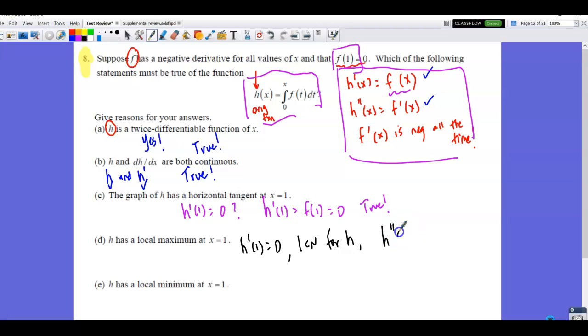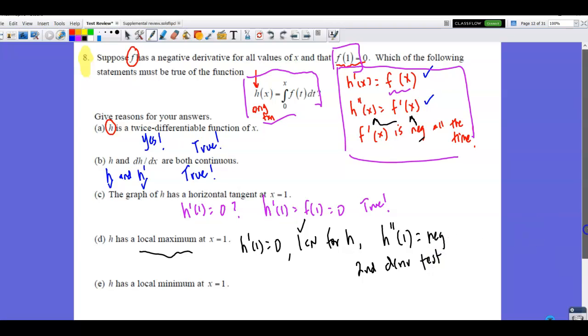So look back up here at what we said. Second derivative of h is first derivative of f, and f prime is negative all the time. So if we have a critical number of 1, and we substitute that critical number into the second derivative, and we get a negative, which is what we're getting here, then we have a local maximum by the second derivative test. So that is a true.